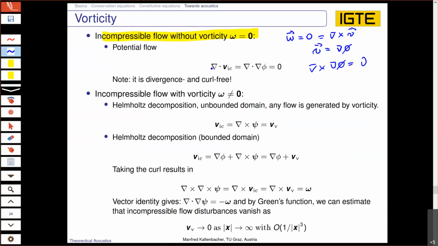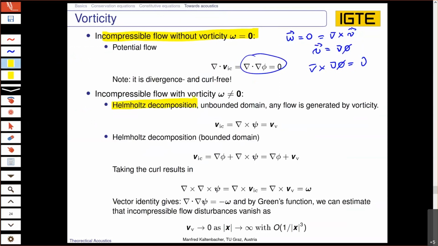And this is then the defining equation, as we see here, for the potential flow.